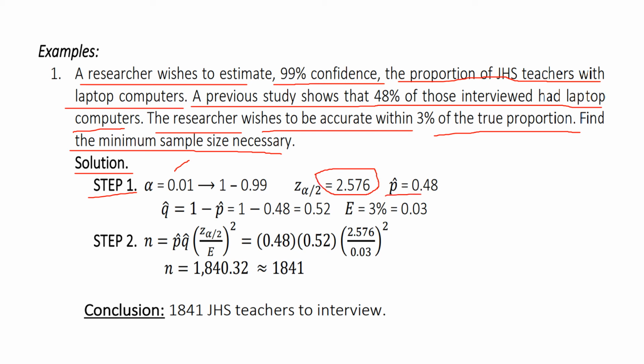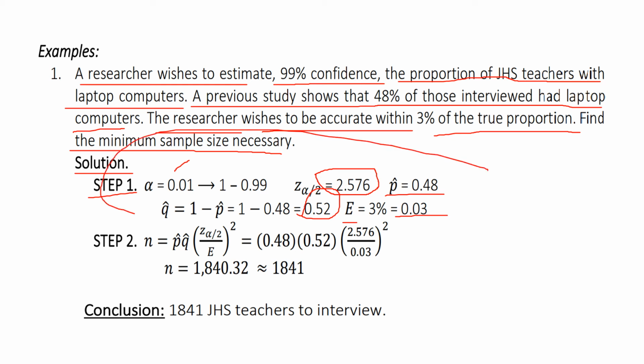Your p hat here is 0.48, that will be your sample proportion. Then q hat is equal to 1 minus 0.48, that will be equal to 0.52, and your E is 3% or 0.03.